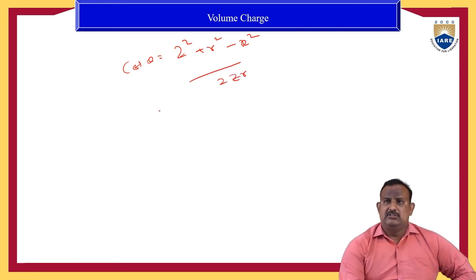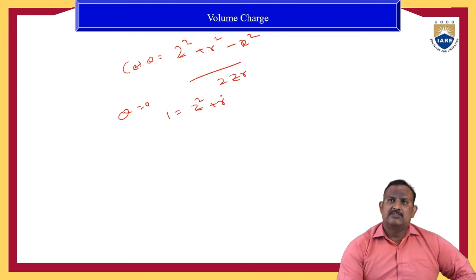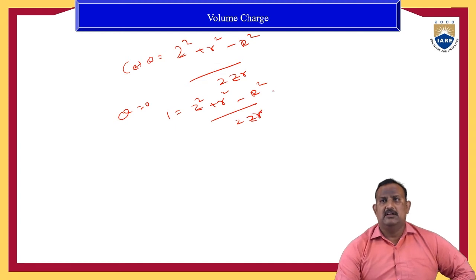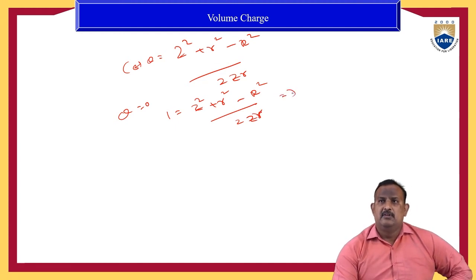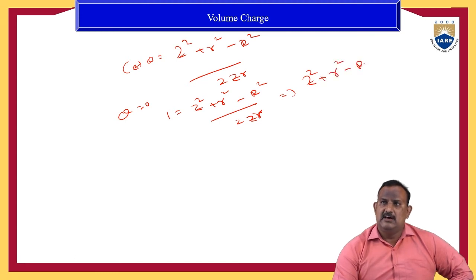Substitute theta equal to 0. Then cos 0 is equal to 1, so 1 equals z squared plus r squared minus R squared by 2zr. Therefore, z squared plus r squared minus R squared is equal to 2zr.